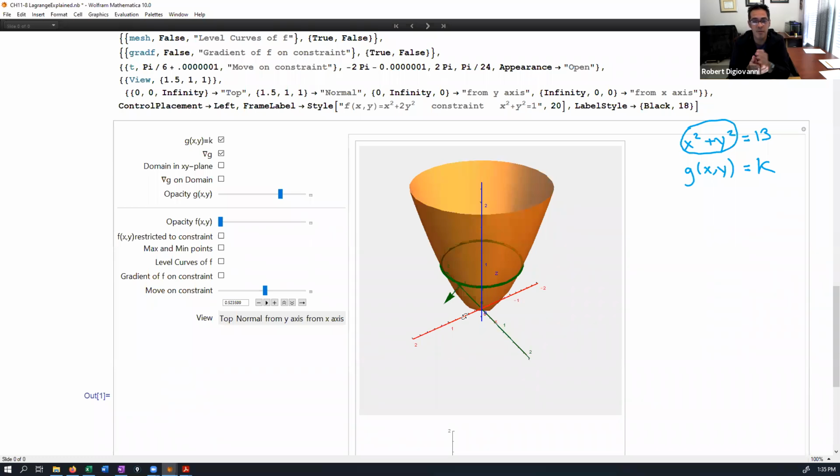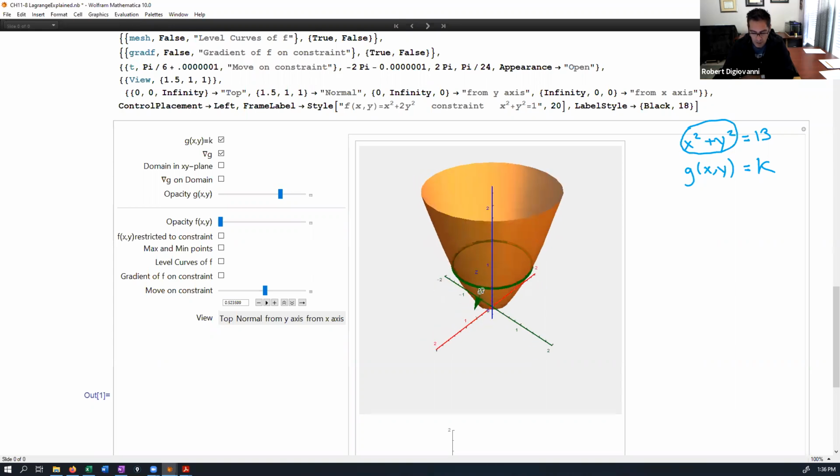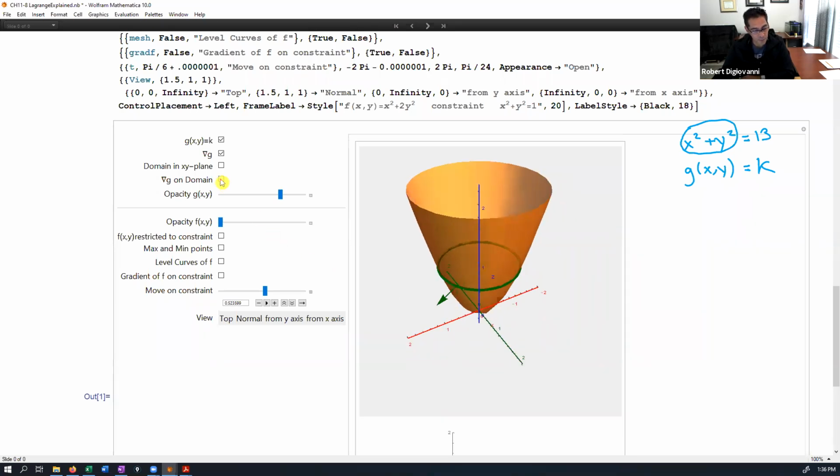Remember when we did the directional derivative, you can point in any direction, so the question became, what direction do you point in order to get the maximum rate of change? It turned out to be the same direction as the gradient vector. So if we start going out this way, we're moving up the surface at the steepest rate of change. There's our green gradient vector.